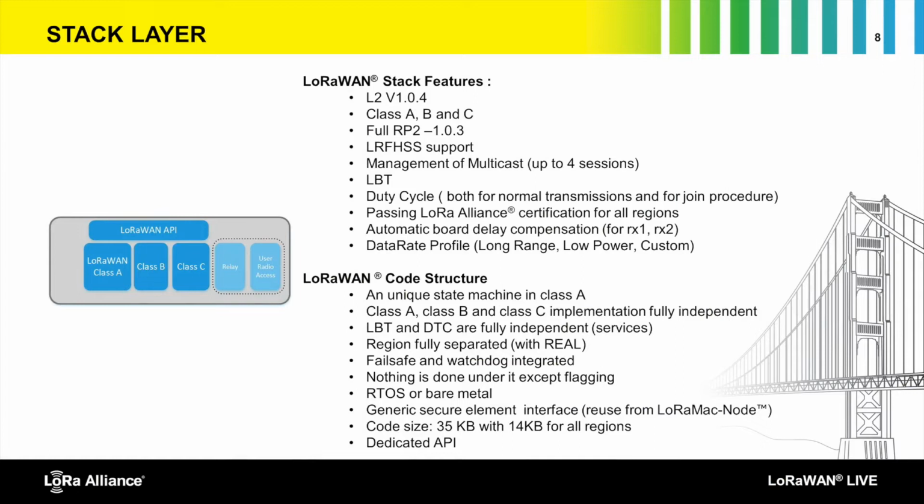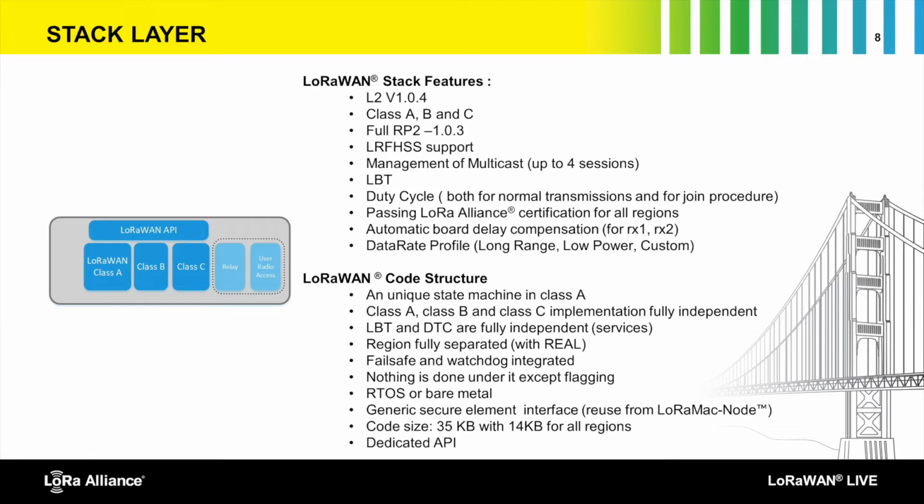Maybe I will be quicker on this. The LoRaWAN features are the last published ones: 1.0.4, Class A, Class B, Class C, regional parameters. LR-FHSS is also supported in LoRa Basics Modem, along with management of multicast sessions, LBT and duty cycle.